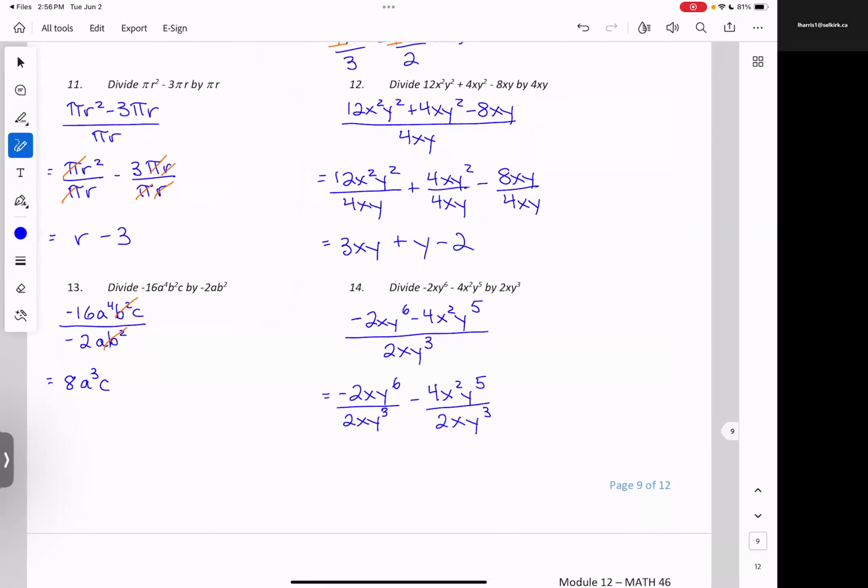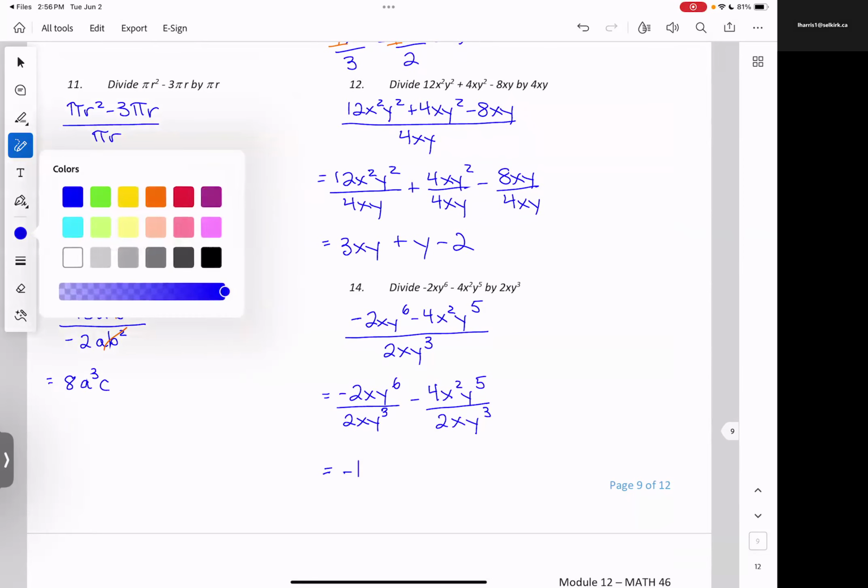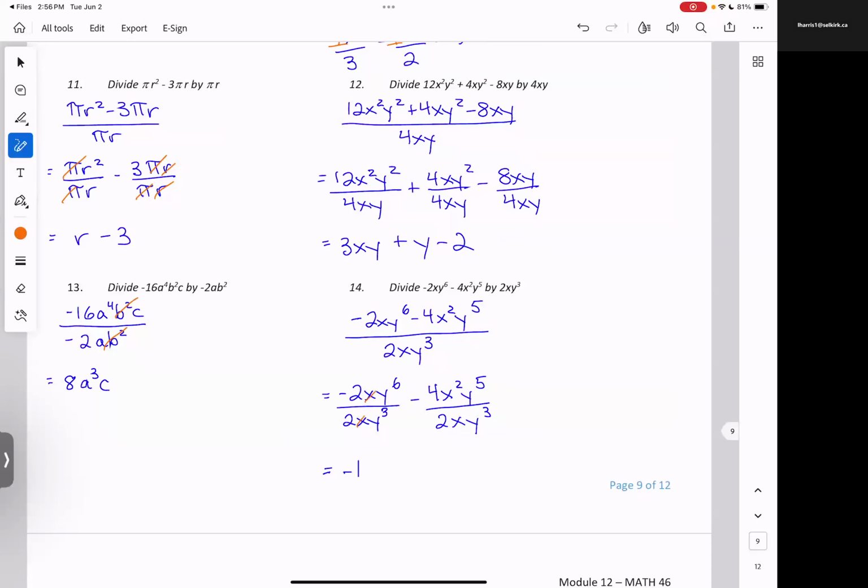Okay, and then we get, so negative 2 over 2 just gives us negative 1. I'll write that in. And then our x's cancel. And then we get y to the power of 3 when we do our subtraction there. Minus 2 times x, y to the power of 2. And I could get rid of that negative 1 out front and just write negative y to the power of 3.